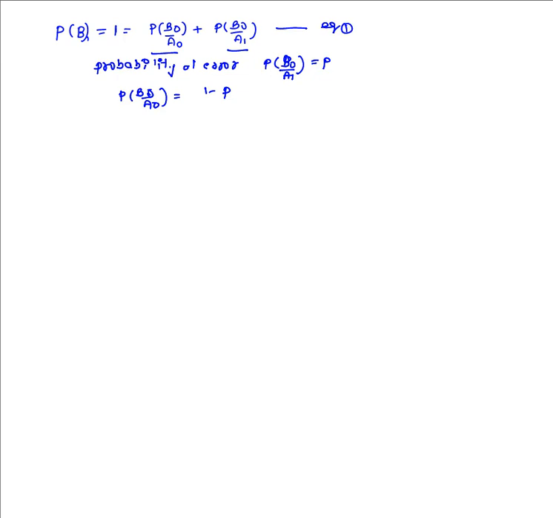Here the probability of reception is simply 1 because receiving will happen. That means receiving is a certain event. Receiving is happening certainly, but receiving can be correct reception, or receiving can be error reception.